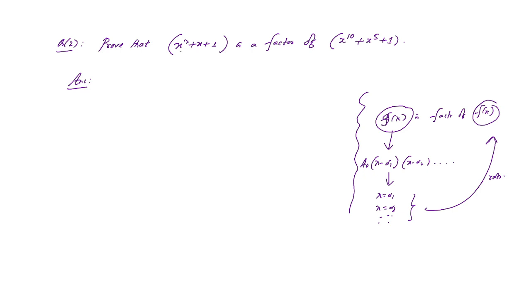So now here g(x) is basically x square plus x plus 1. We can write this as linear factors: x square plus x plus 1 is x minus omega into x minus omega square, where omega is an imaginary cube root of unity.